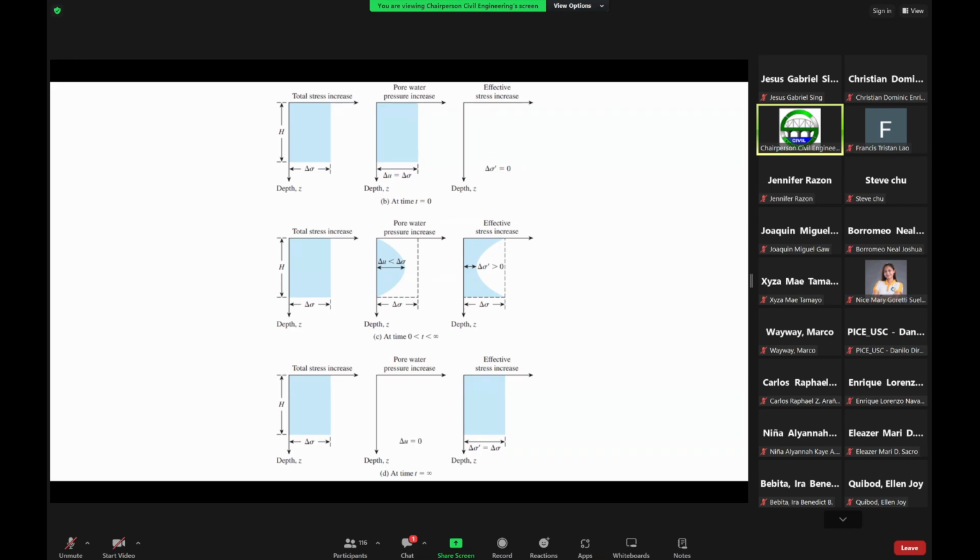Then, as time is already very large, say up to infinity, give it enough time, the pore water pressure increase will already stop, and everything will now be transferred to the effective stress. That means all of the load is now transferred to the soil particles, the clay particles for this matter.